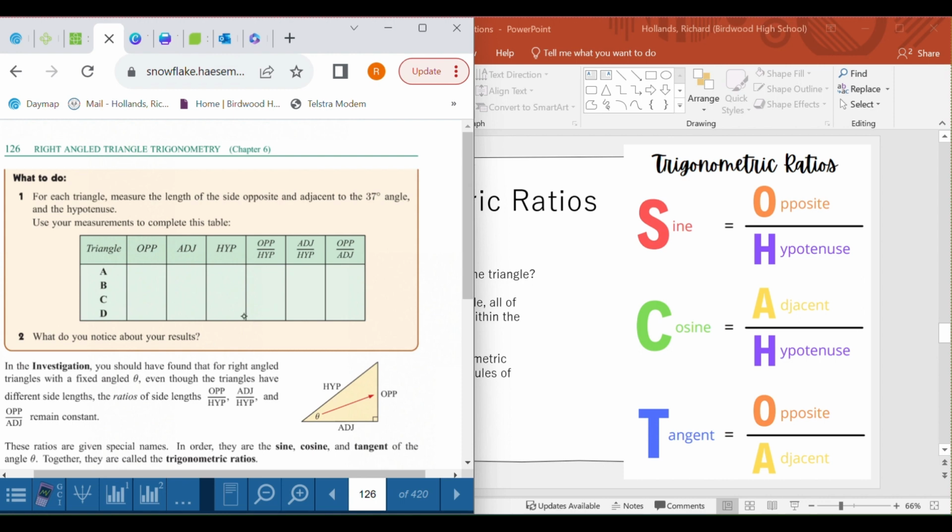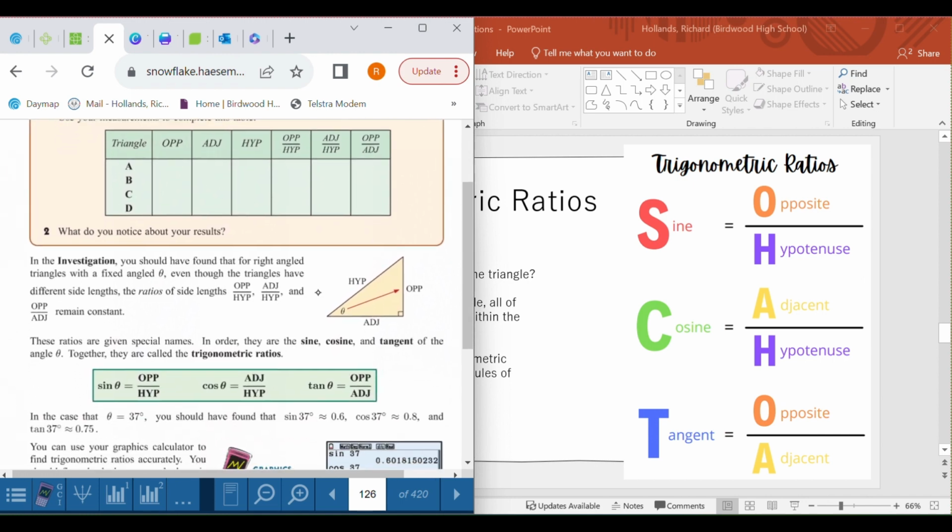So for triangles A, B, C, and D, it was all the same. When you worked out what opposite over the hypotenuse equals, it was all the same. Same with adjacent over hypotenuse. When you worked it out for all the triangles, it was the same, and then opposite over adjacent.